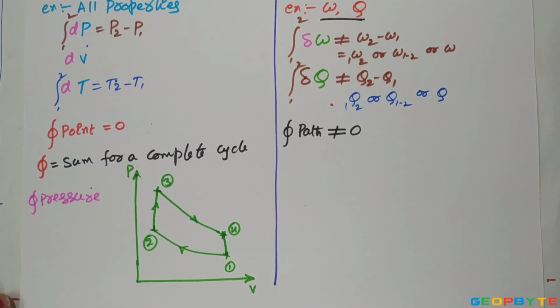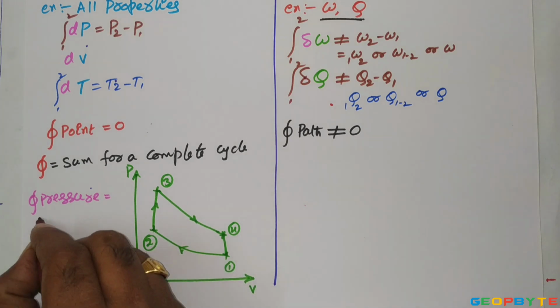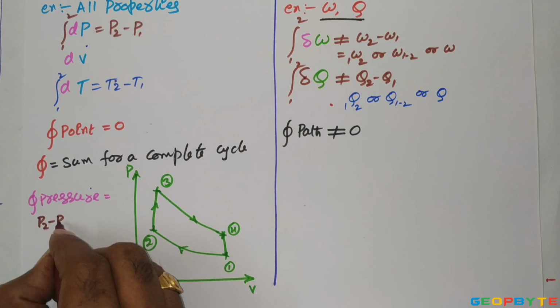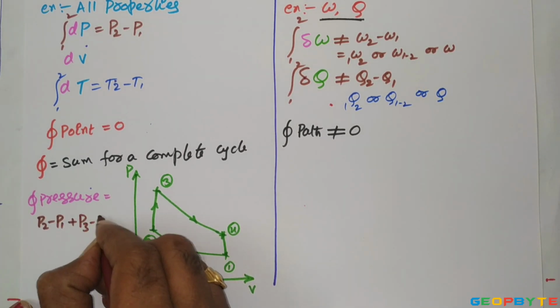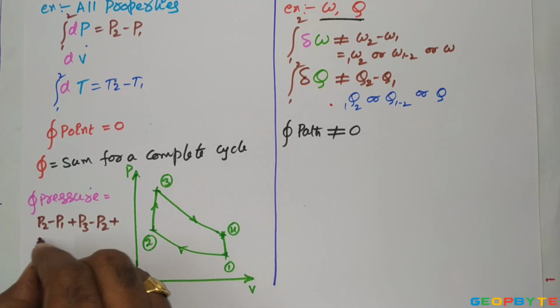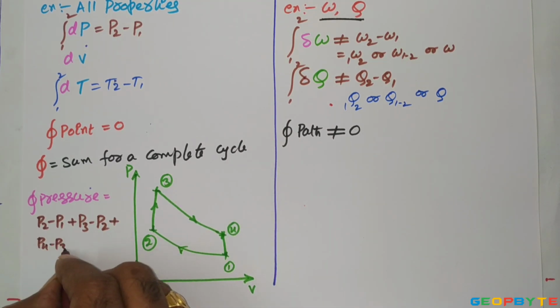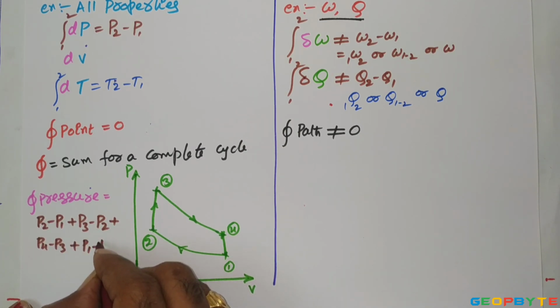Here take the cyclic integral of a point function quantity like pressure. As we know, point function quantities depend on only the states of the system. Then cyclic integral of pressure equals, for the first process 1 to 2, P2 minus P1. For the second process, P3 minus P2, plus for the third process P4 minus P3. For the last process, plus P1, final pressure, minus P4, initial pressure.